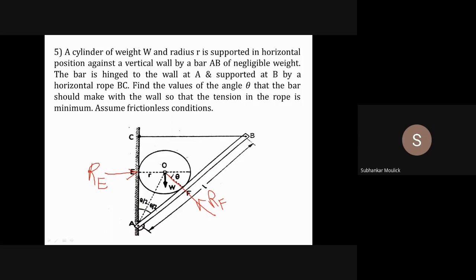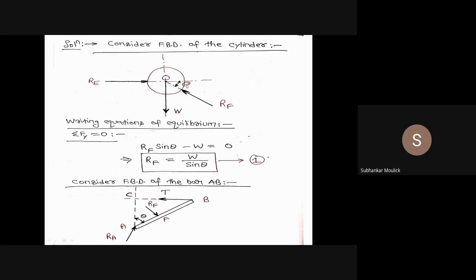So this is the free body diagram of this cylinder: W, RE, RF, and this RF is making an angle theta. Is it clear? The free body diagram of the cylinder. Any doubt? No, sir, no doubt. Fine.